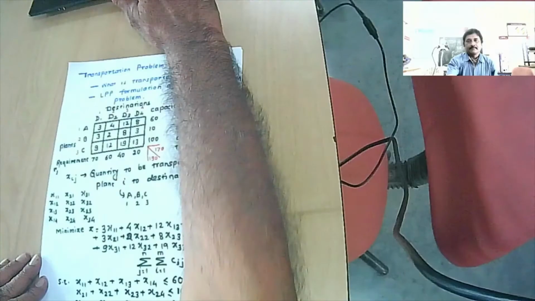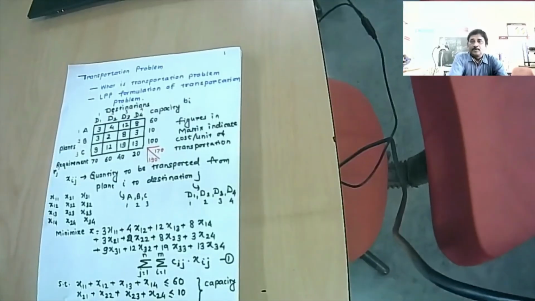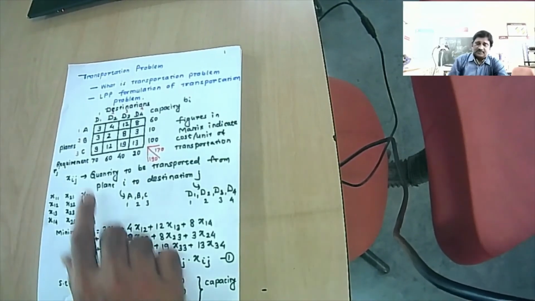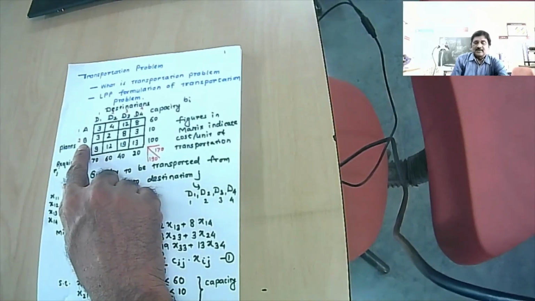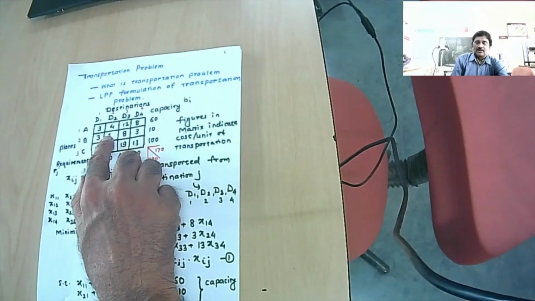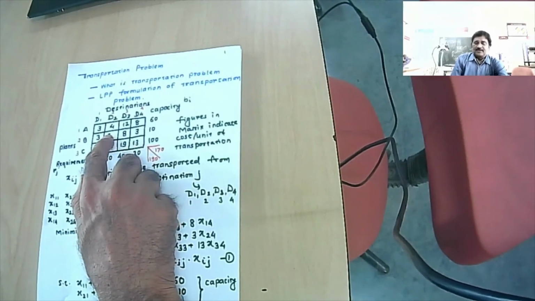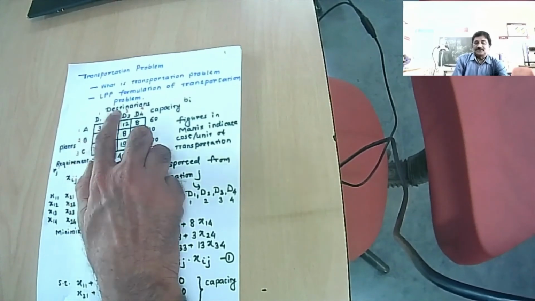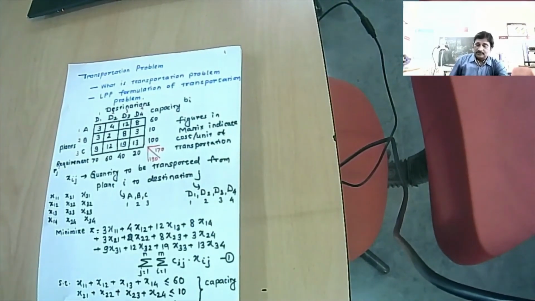Okay, thank you. Before I close, there are one or two things which I think I should discuss. One thing: it might happen that transportation is not possible from a certain plant to a certain destination. For example, in this case, transportation is not possible from B to D2. So what you will be doing here is putting a dash to indicate that transportation is not possible from B to D2.